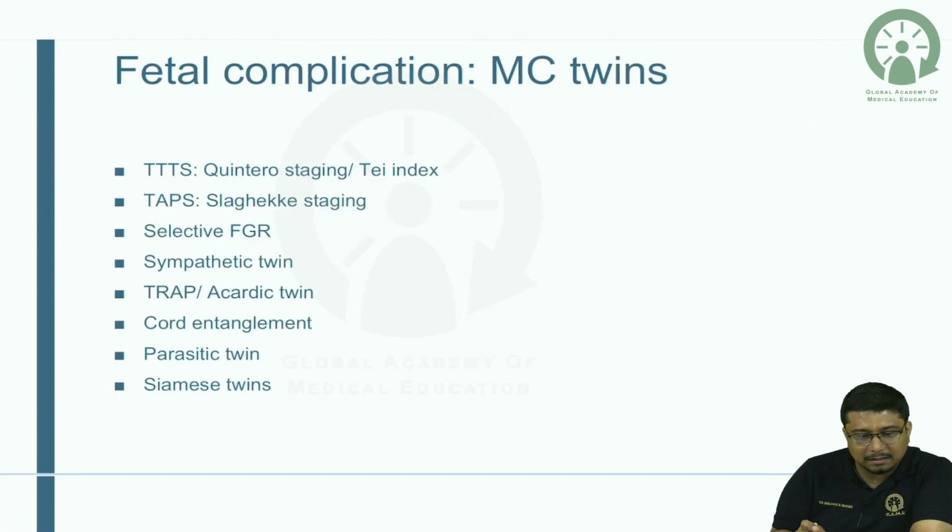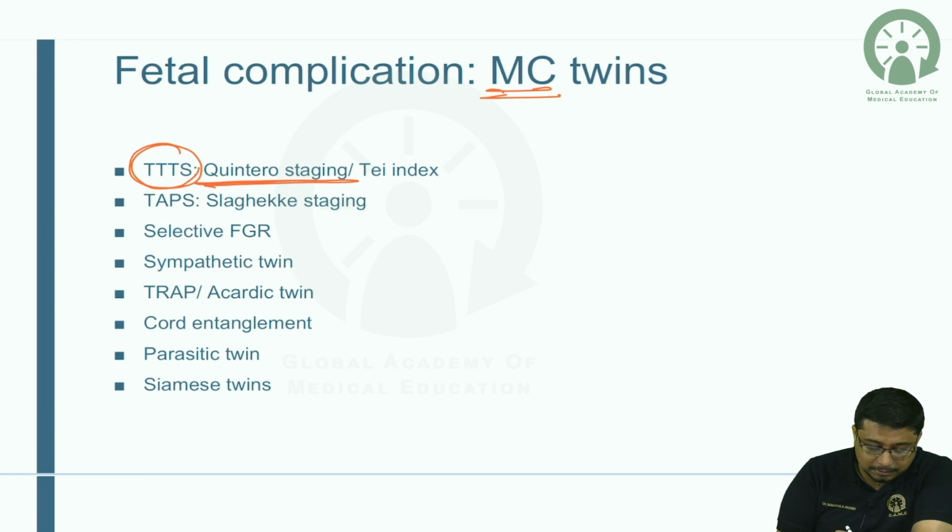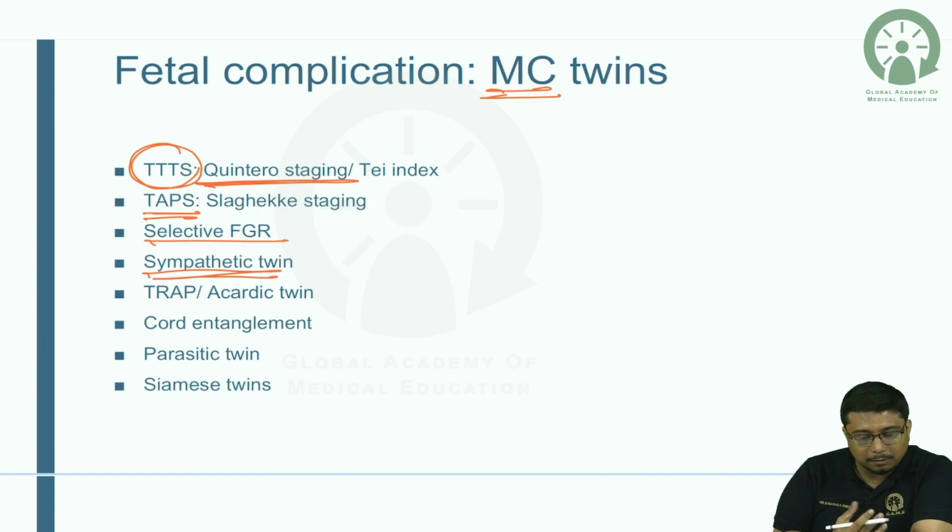So there are certain complications which are common in monochorionic twins. One of that is twin transfusion syndrome, and Quintero staging is the staging for that. Twin anemia polycythemia sequence, selective fetal growth restriction, sympathetic twin, where one twin which is healthy gets compromised because the other twin is compromised without any reason, right?